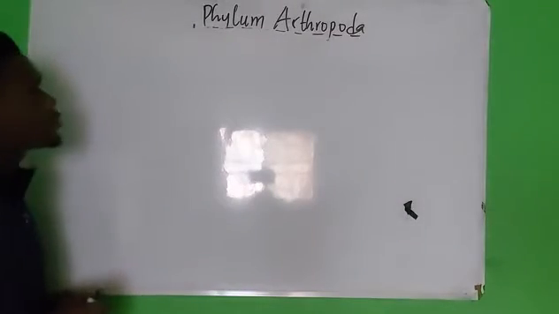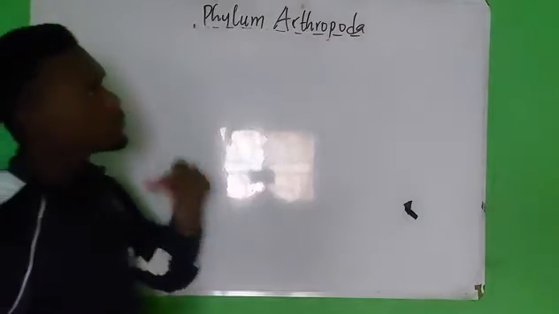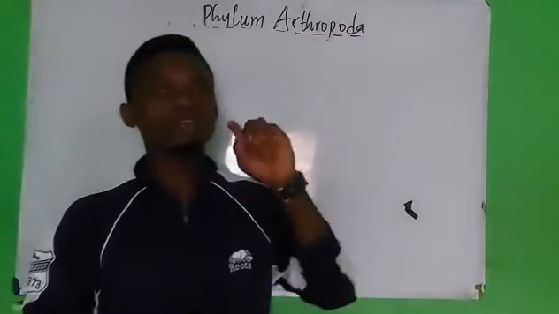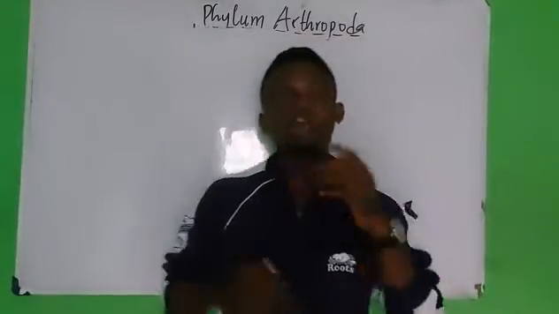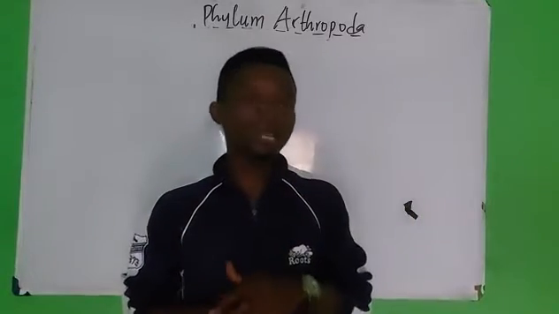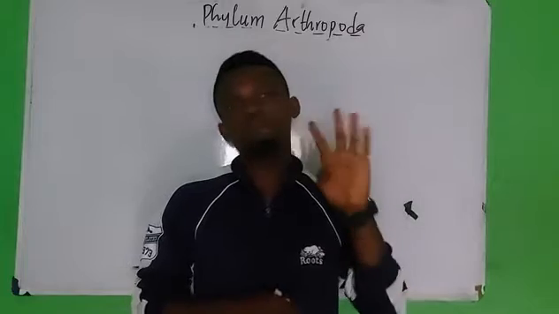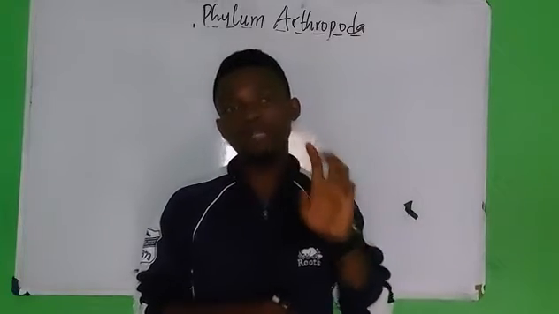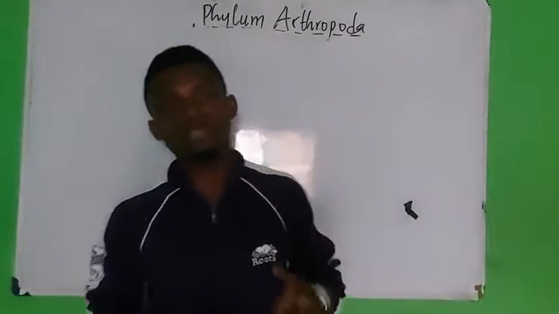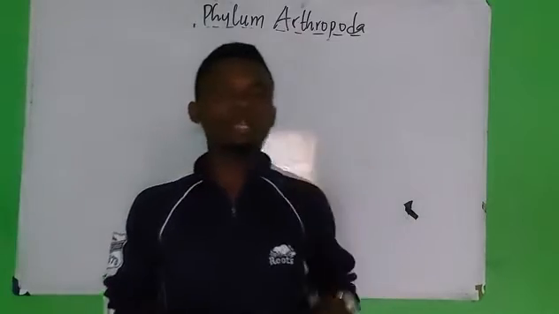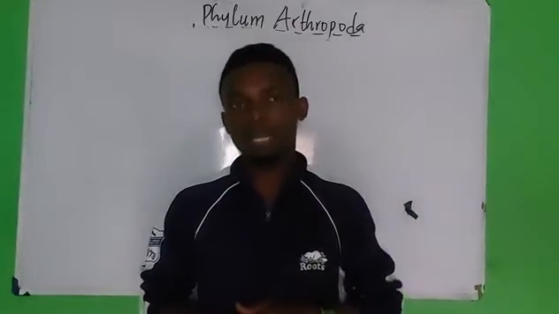Now, Phylum Arthropoda happens to be one of the eight phyla. Okay, let me clarify your curiosity. We have 5 kingdoms, right? Kingdom Monera, Kingdom Protista, Kingdom Fungi, Kingdom Plantae, and Kingdom Animalia, alright?